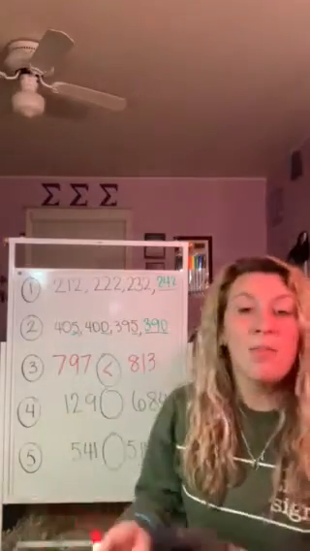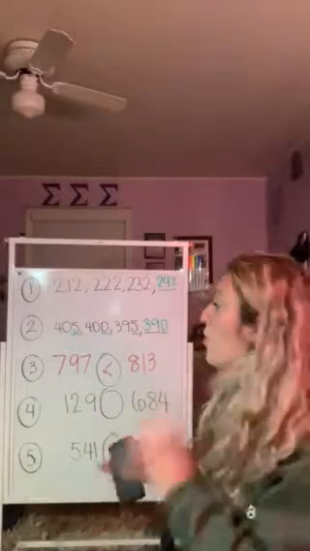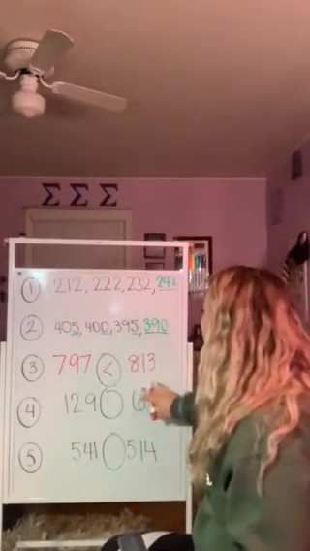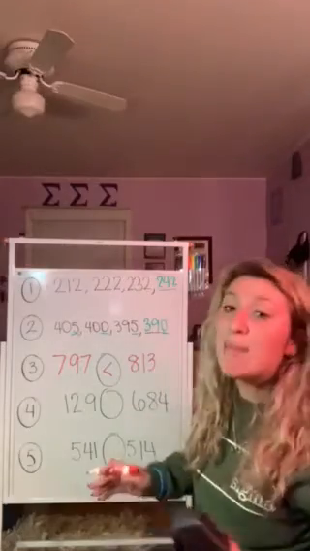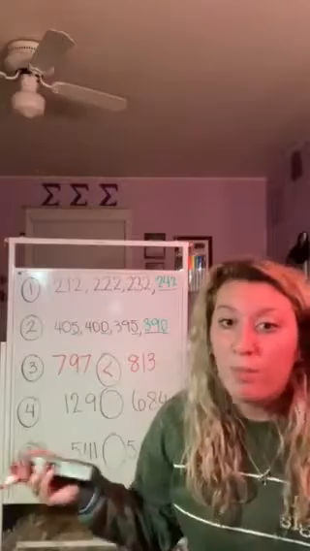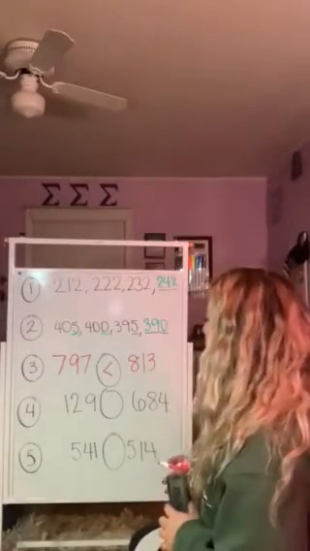So again, the numbers didn't change, just the order a little bit. So we still read it from left to right. Pac-Man is still eating the 813 because it's much bigger, and Pac-Man is hungry and wants to eat the bigger one every single time. So let's go on to number 4 then.